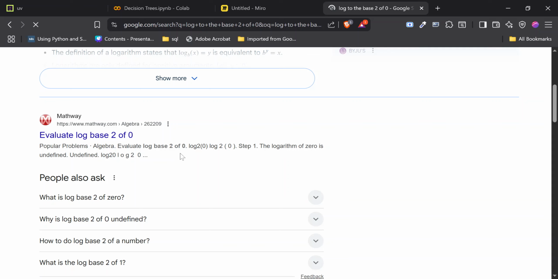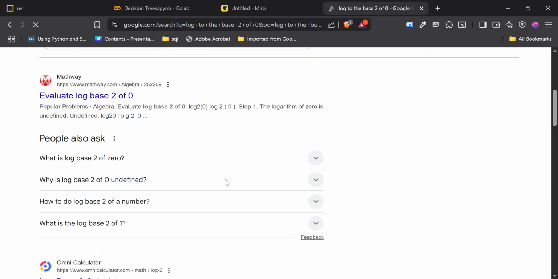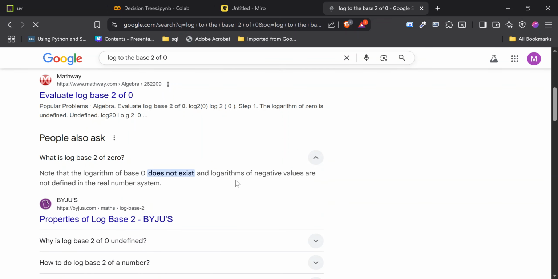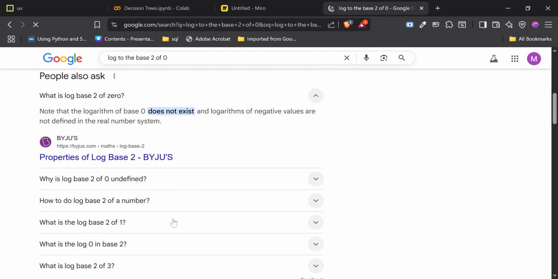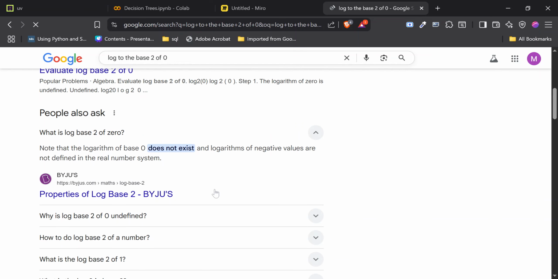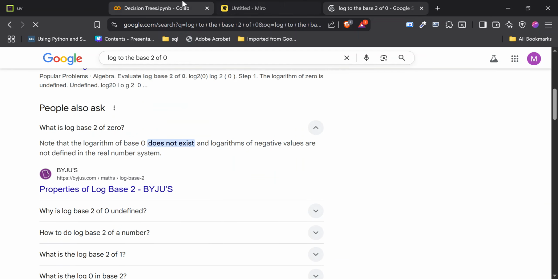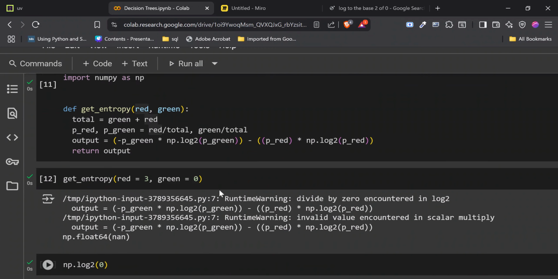What is the log base 2 of 0? It says the logarithm of 0 does not exist. Oh, does not exist. Really? Yeah, that's interesting.